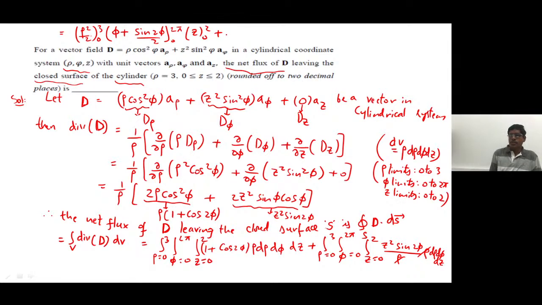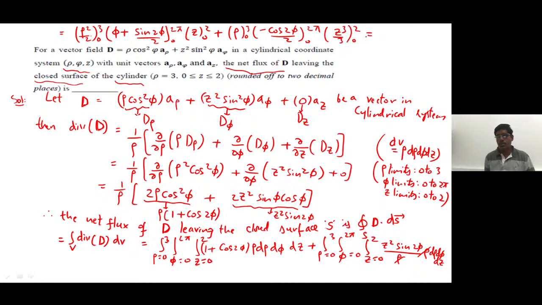Plus, here rho cancels, there is no rho term, the integral of d rho is rho between the limits 0 to 3, multiplied by the sin 2 phi integration, minus cos divided by 2 between the limits 0 to 2 pi, and z square integration with respect to z is z cube by 3 between the limits 0 to 2.